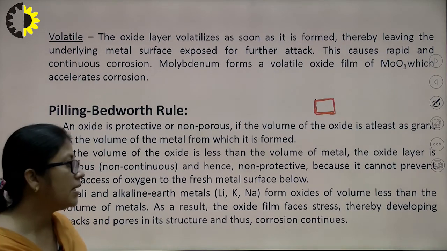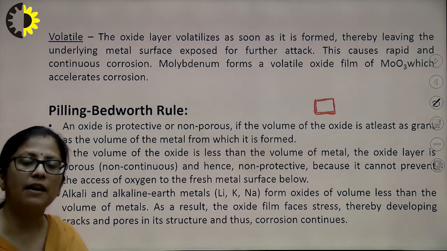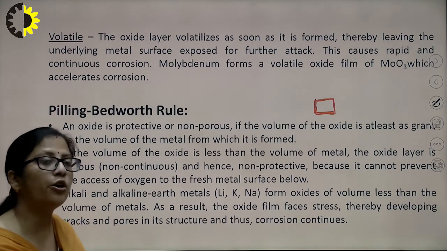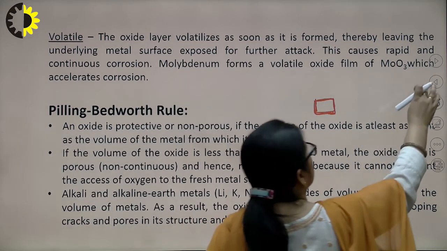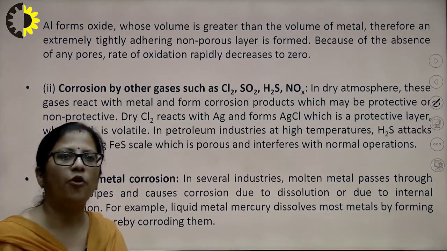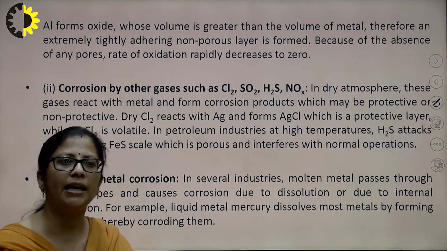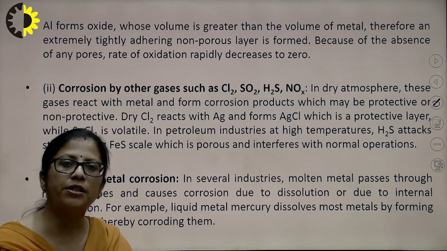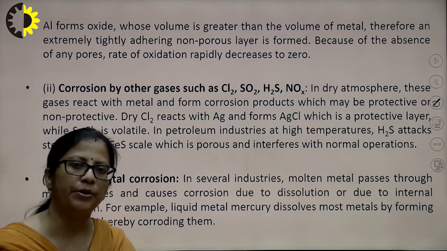As a result, the film is going to face stress, thereby it will develop cracks and pores in its structure and thus the corrosion continues. I have already taken that aluminium oxide, here the volume is high and because of the absence of any pores, the rate of oxidation nearly decreases to 0.